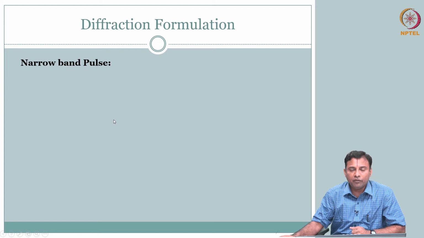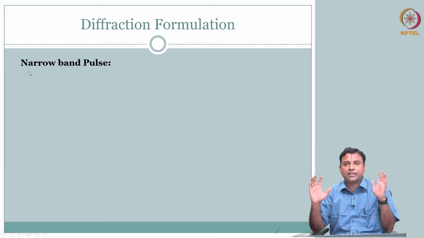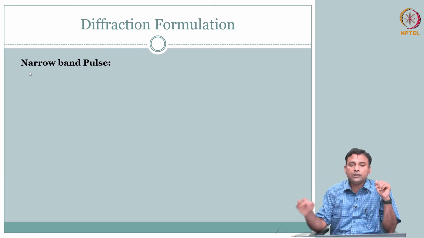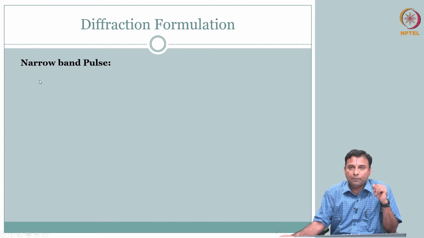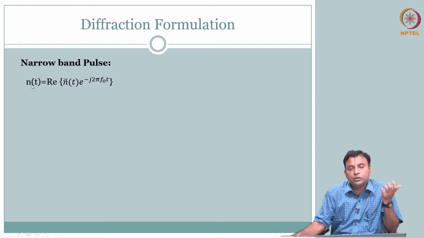So, we will start with what we want to operate. We want to operate in pulse echo mode. So, ideally we want to use a narrow band pulse. Okay. So, how do we formulate this? Let us write a narrow band pulse to be n of t. Acoustic is a physical system, so you are going to have the real part of n tilde of t with a frequency term here.